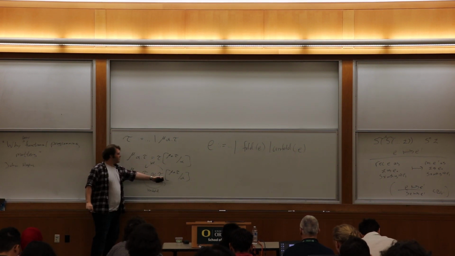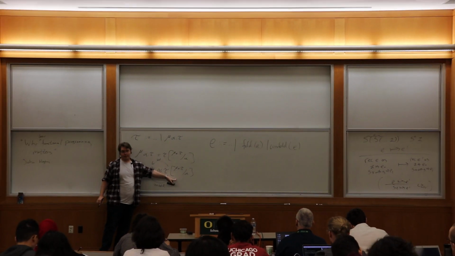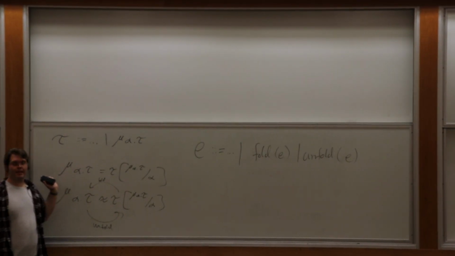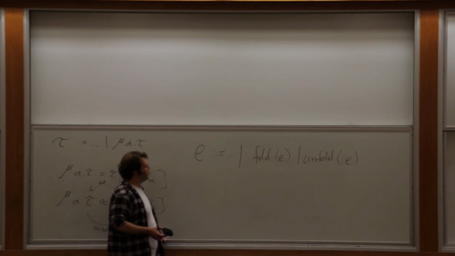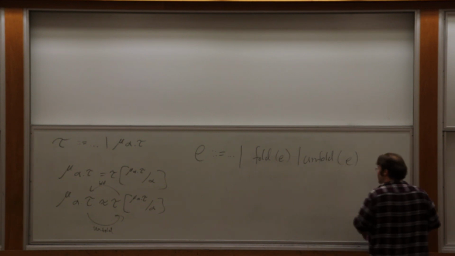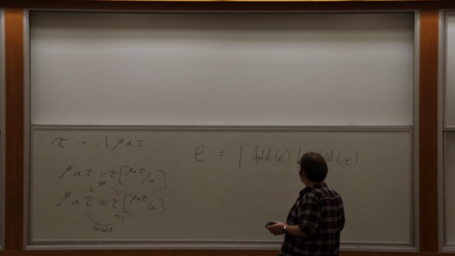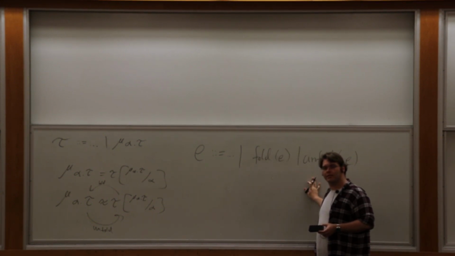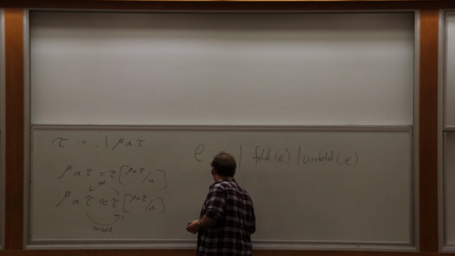So fold goes from, well, unfold takes a recursive type. And that's what's going on there. What are the types for this? So what's the type of fold? What's the type of unfold? Right? So let's look at those rules.